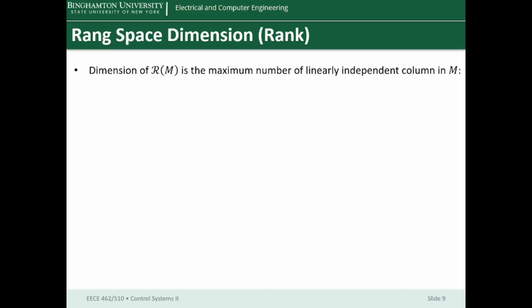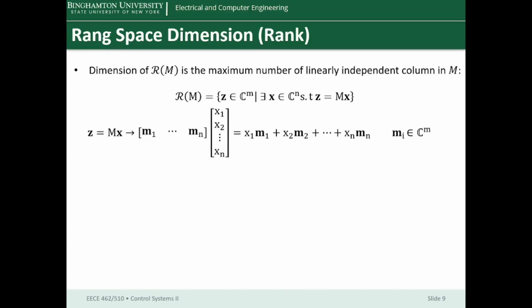The dimension of the range space is simply the number of linearly independent columns in the matrix M. This comes directly from how the range space is formed. When you multiply a vector x in C^n by a matrix M, you are taking a linear combination of the columns of M. Therefore, the range space is exactly the space spanned by the columns of M.